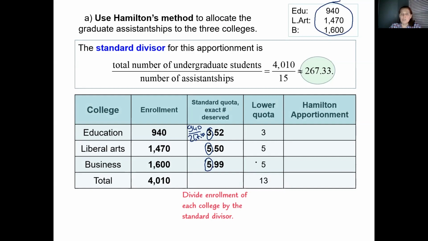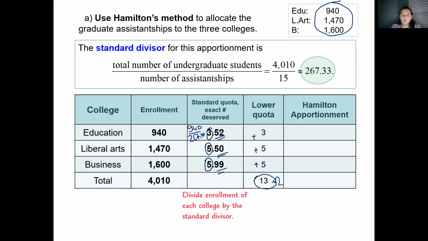We add them together and see that 13 assistantships are assigned out of 15. So we have 2 extras, and we decide according to the decimal parts who gets these extras.